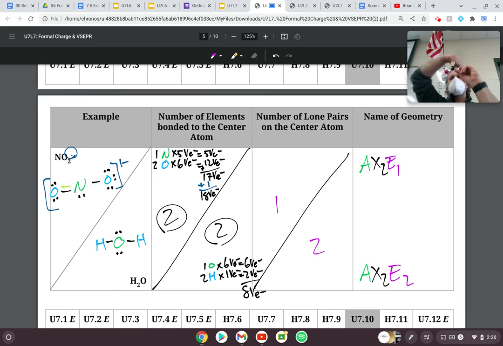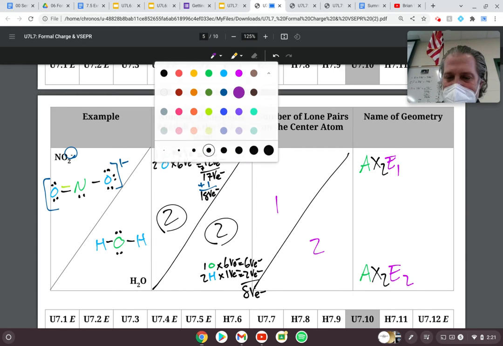As a result, it forces the negative electrons in the bond to bend down a little bit. So instead of being a straight line, it's more of a bent shape. This particular structure, we call a bent molecule.